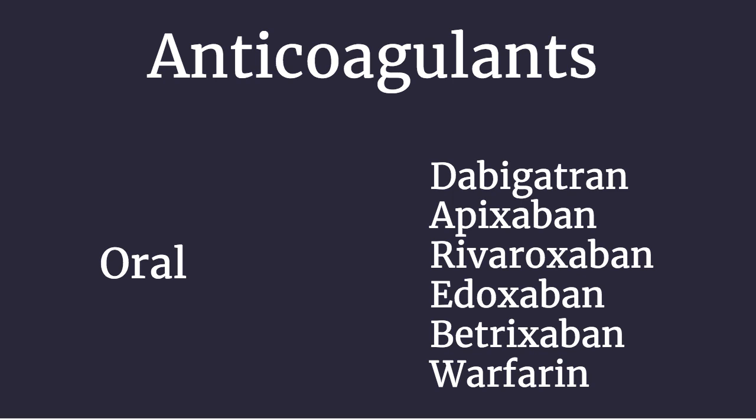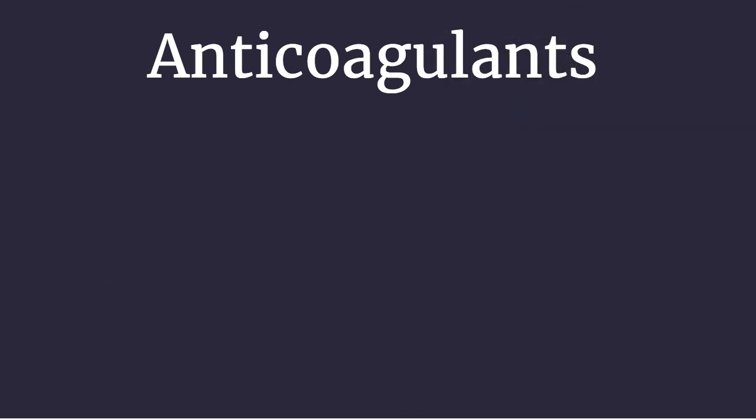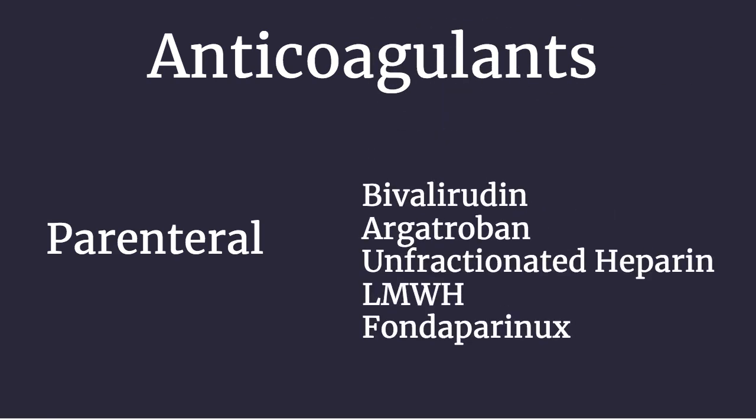That is primarily on the oral anticoagulants. And then we have the parenteral options. Those include bivalirudin, argatroban, unfractionated heparin, low molecular weight heparin. The most common one in this category is enoxaparin or Lovenox, and Fondaparinux.